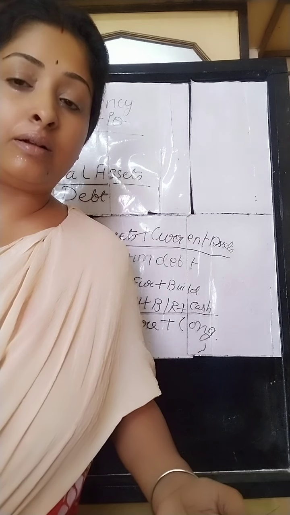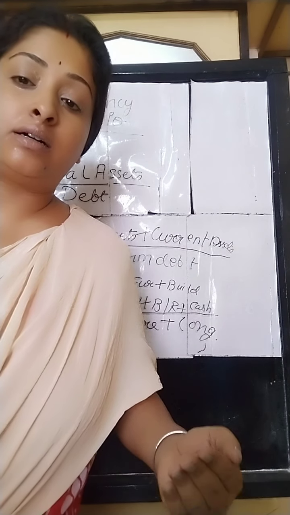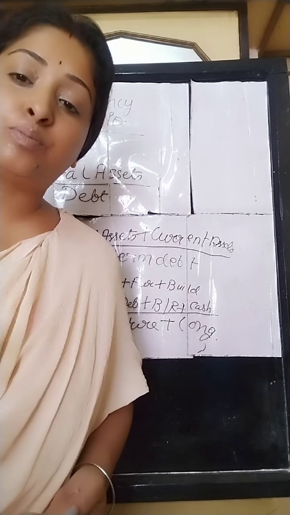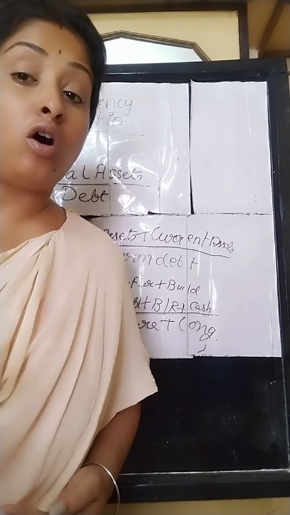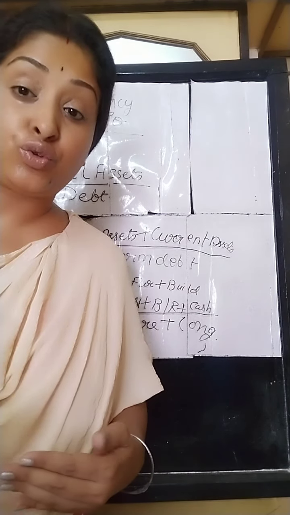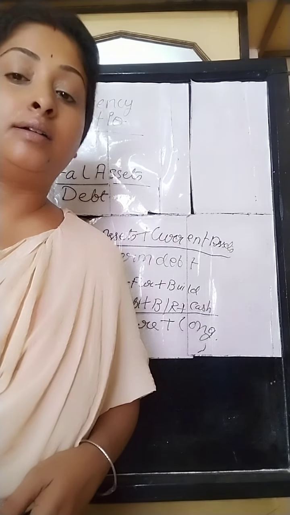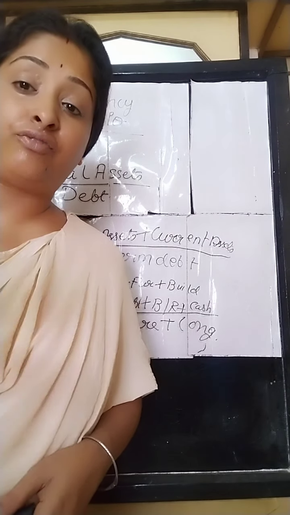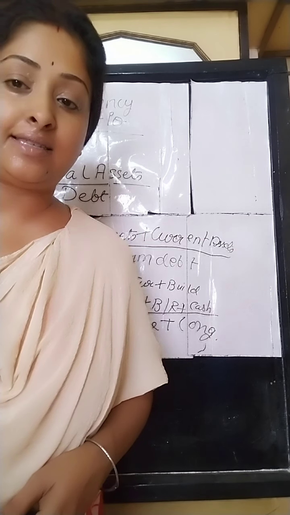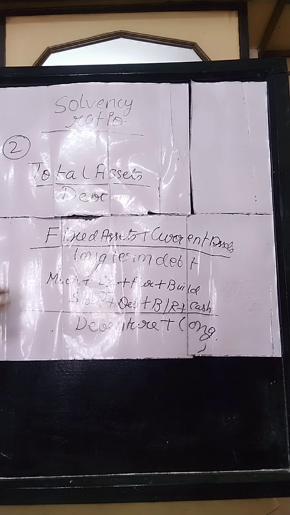At the time of dissolution of the business, assets can be sold to pay off the long-term debts of the firm. So the firm must have more assets than its long-term liabilities. This is the formula of total assets to debt ratio, and this is the second important solvency ratio.